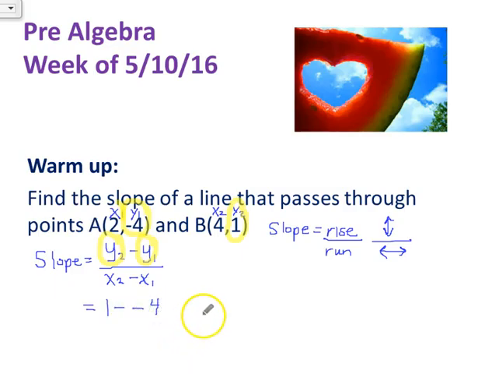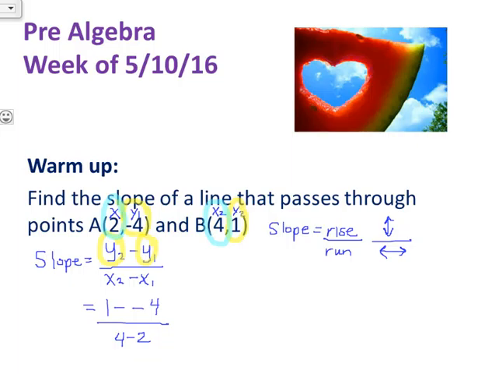Note there is a double negative there because that 4 is negative and we're subtracting the 2 coordinates. Then we do the same thing for the x coordinates: x2 is 4 minus our x1, which is 2. So we would have 4 minus 2.